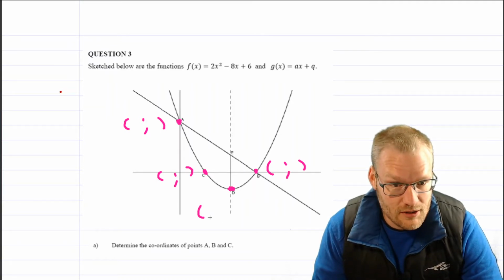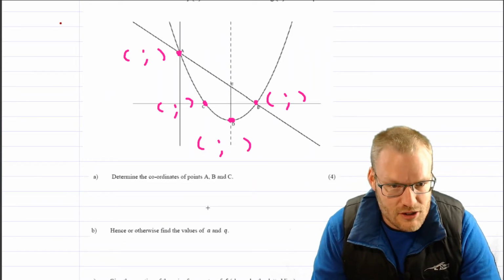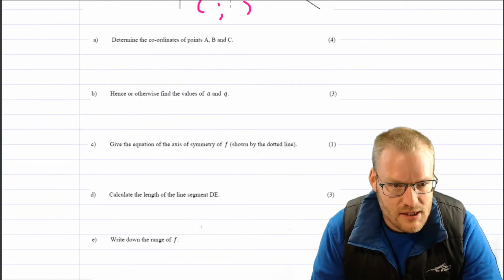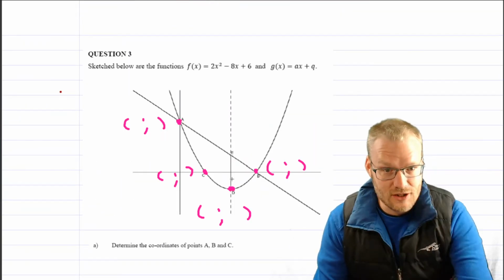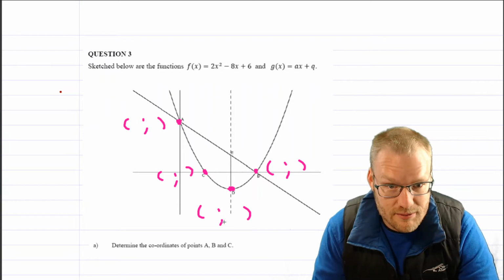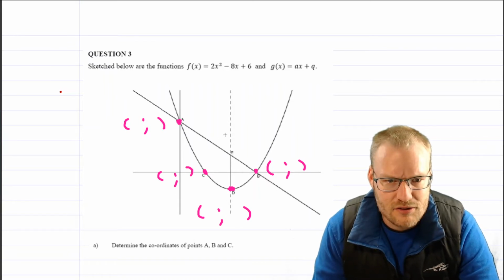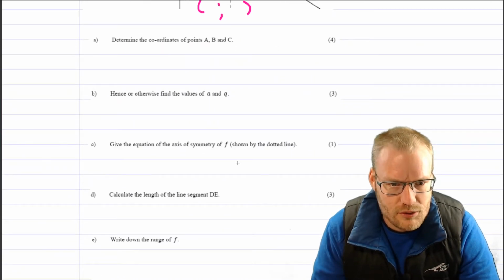What's special about point D on the parabola? It must be a special point. It looks like it's symmetrical about there, so there's something special there. And E, we're going to have to work out what this point is at some stage.